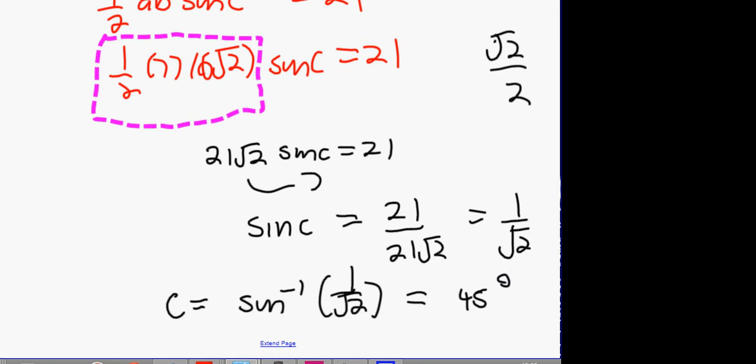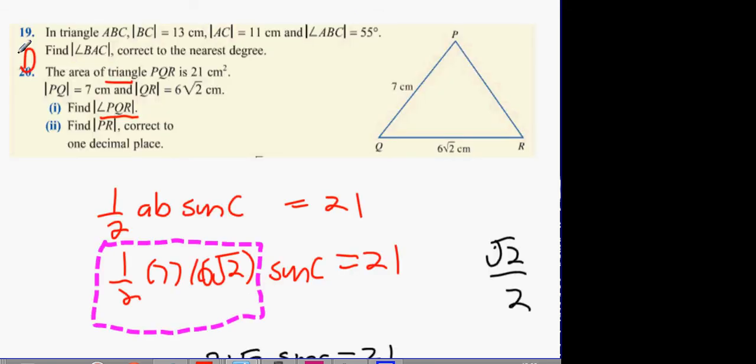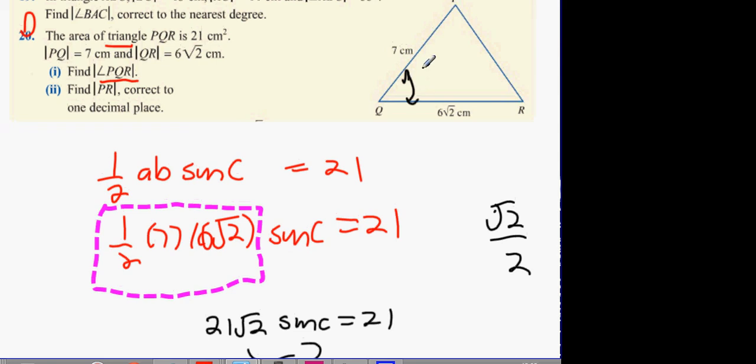Now guys, is there cause for ruling out 135? In this question, we can see visually that it's acute, so we don't have to take 135 into consideration. Now that we have this angle is 45 degrees, it wants us to find out this length here. How do you find out this length, guys?